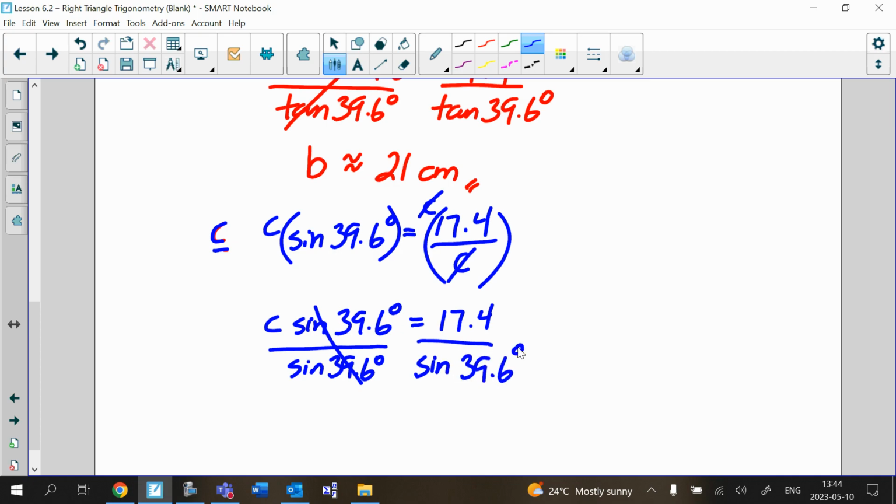And C will work out to approximately 17.4 divided by sine 39.6, 27.3 centimeters. So there's the three missing pieces that we had to find.